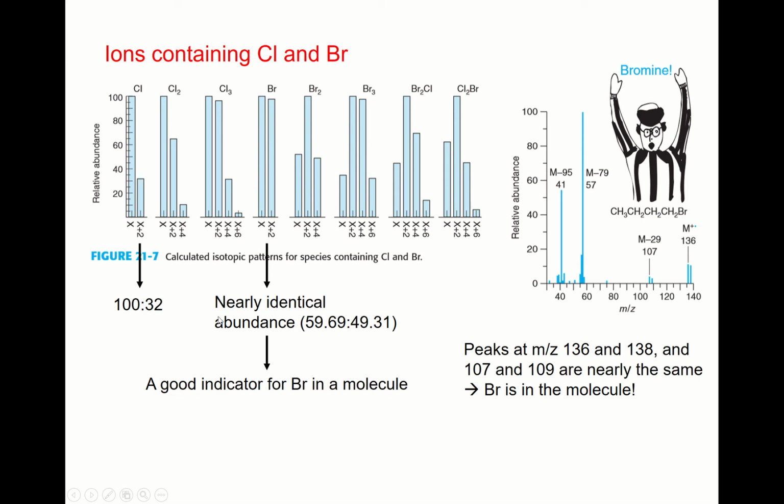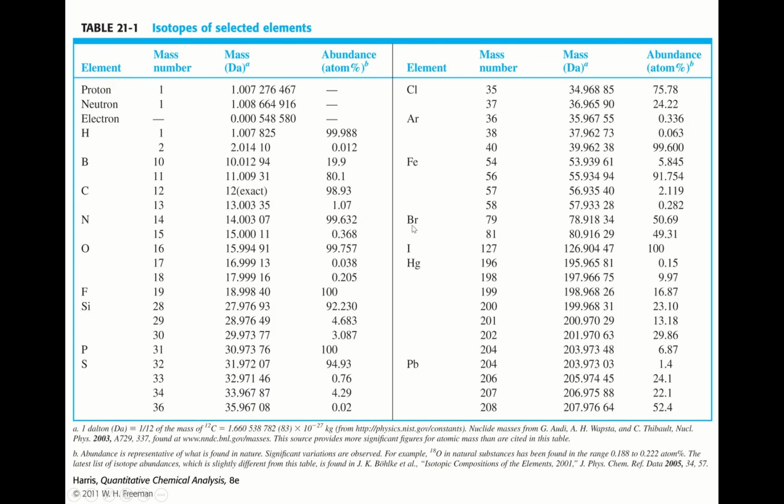What more dramatic one is bromine. Bromine has two main isotopes. I'll show you this one again here. Bromine mass number 79 and mass number 81. Their abundance is almost identical. Mass number 79 has a little bit higher abundance, 50.69%.